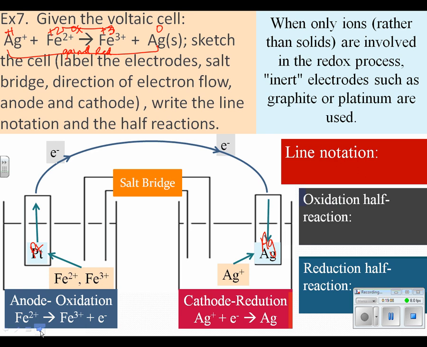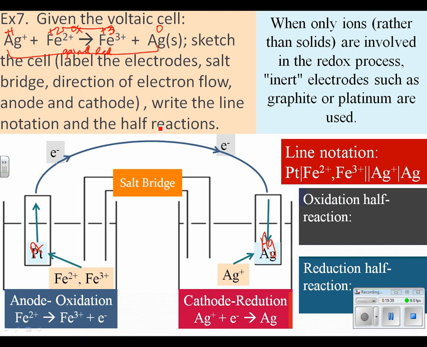Okay. Now we also want to do the line notation. The line notation, remember, starts with the anode, then the anode ions, then the cathode ions, and then the cathode. So we would write our anode, which is Pt. Then we would write our Fe2+ and Fe3+, since those are both ions that would be in the solution.